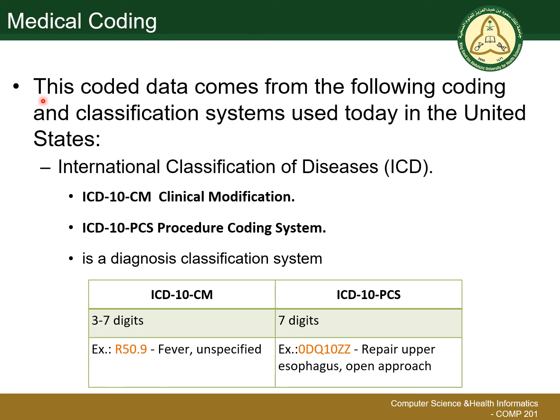So the classification here is a grouping of terms with similar meaning. The coded data will come from the following coding and classification systems used today in the United States, such as the International Classification of Diseases, ICD.